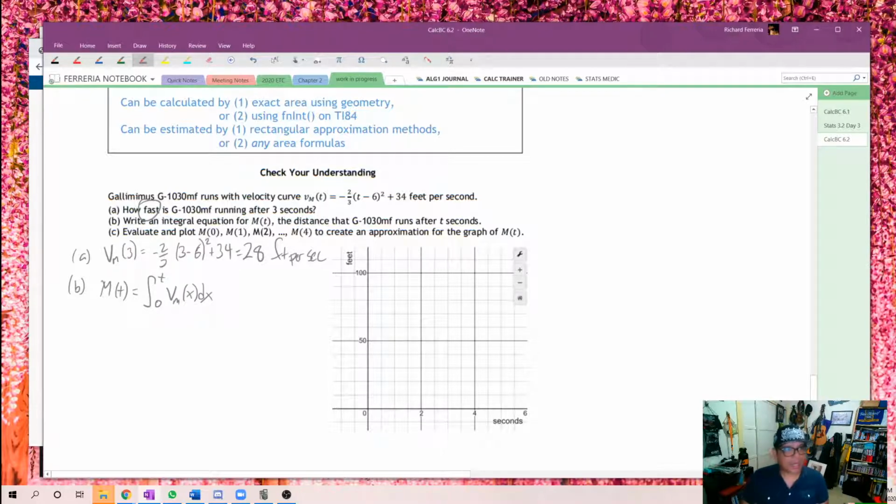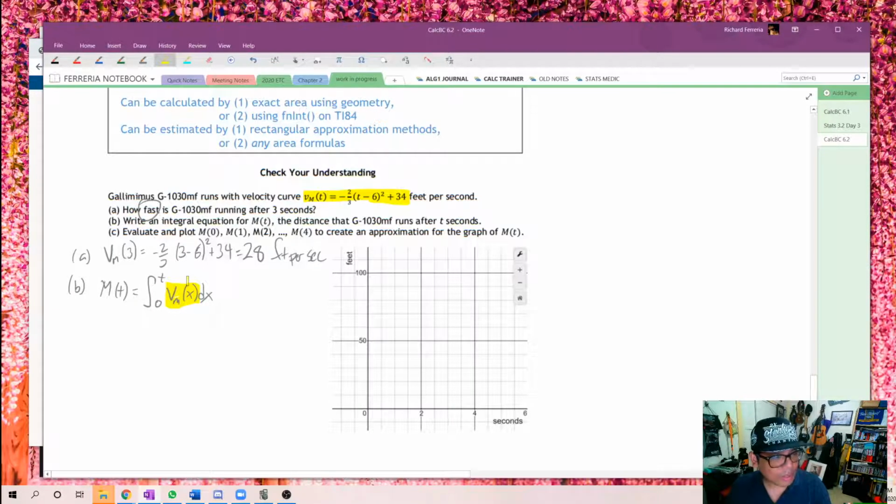Something I didn't mention earlier: if they give you what Vm is equal to, then you're free to use Vm in your work. You don't have to write out the entire thing. So there's my integral expression.